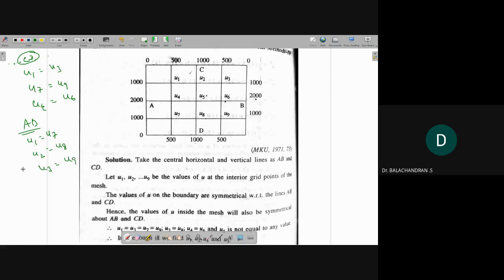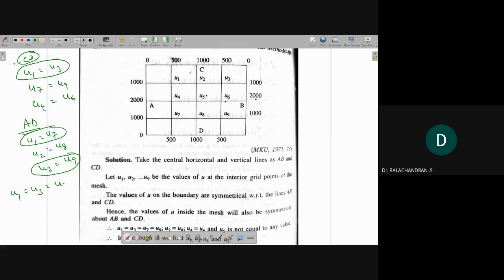Okay. Now from U1 equal to U3, U1 equal to U7, and U3 equal to U9, from these four we can say that U1 equal to U3, but U1 is also same as what?